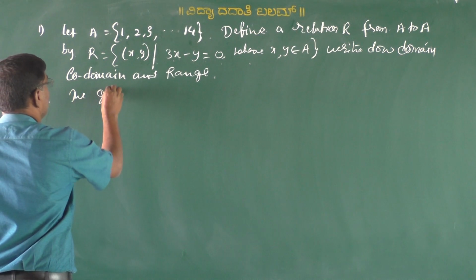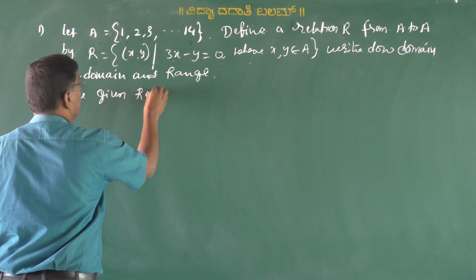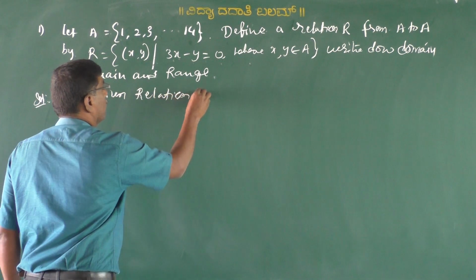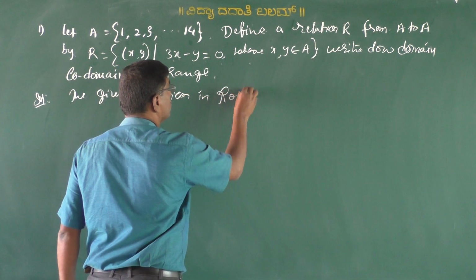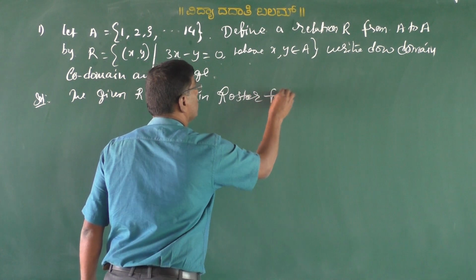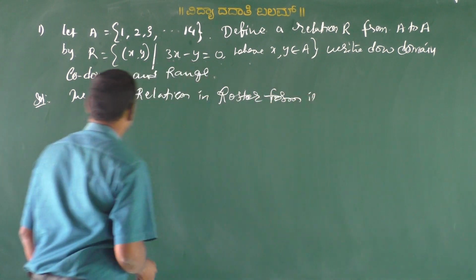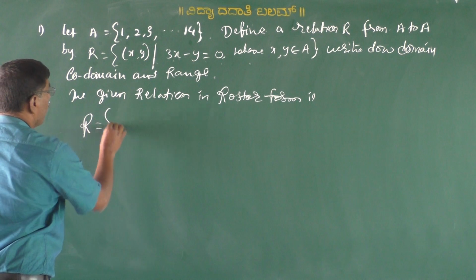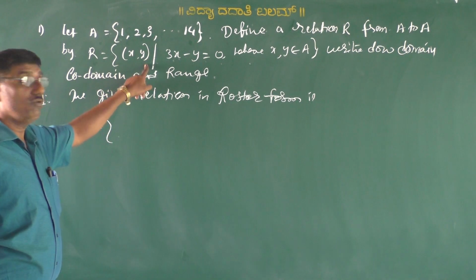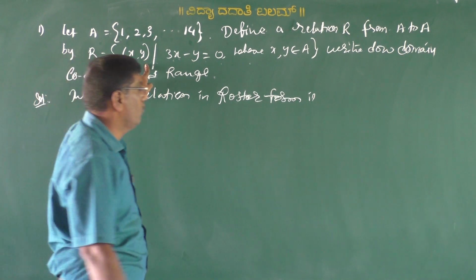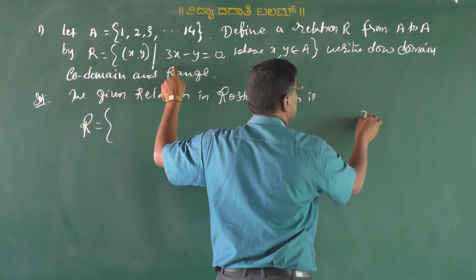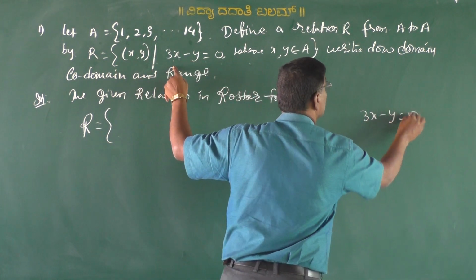The given relation in roster form is R equals. How can you write, sir? You have to use the given condition. What is the condition here? That is 3x minus y equals 0.